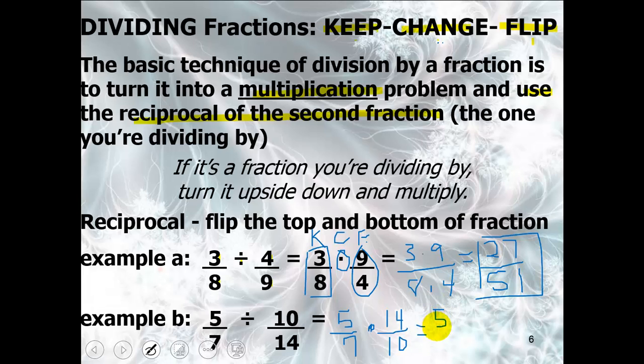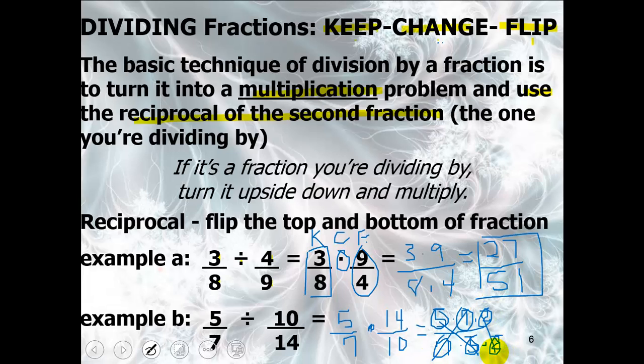So I have 5 times 7 times 2. And then I'm going to rewrite 10 as 5 times 2. Now look what happens. Everything's going to cancel. My 5's cancel, my 7's cancel, and my 2's cancel.